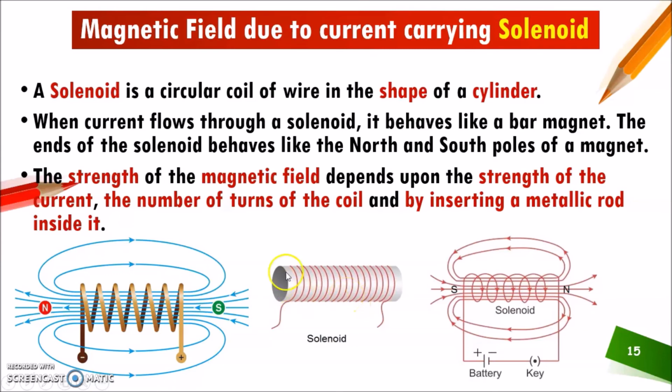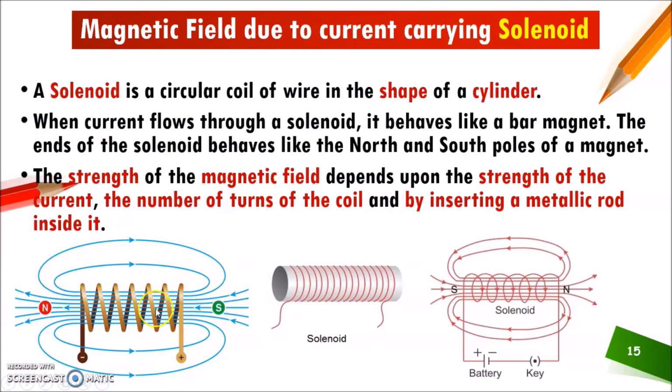When the current flows through a solenoid, it behaves like a bar magnet. The magnetic field of a bar magnet and a solenoid is identical. The ends of the solenoid behave like a north pole and south pole. The strength of the magnetic field depends upon the strength of the current.